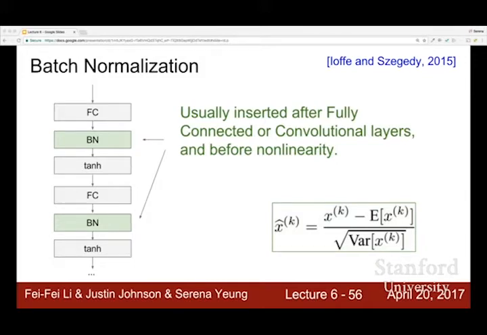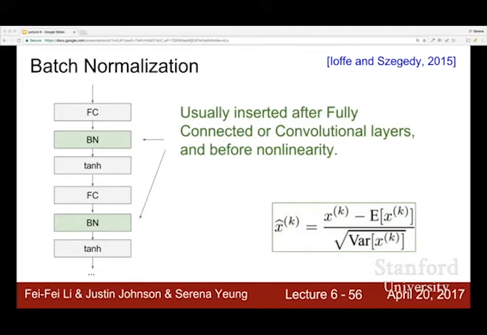We do this because we want to obey the convolutional property, and we want nearby locations to be normalized the same way. So with a convolutional layer, we're going to have one mean and one standard deviation per activation map, and we normalize by this across all of the examples in the batch. This is something that you are going to implement in your next homework.